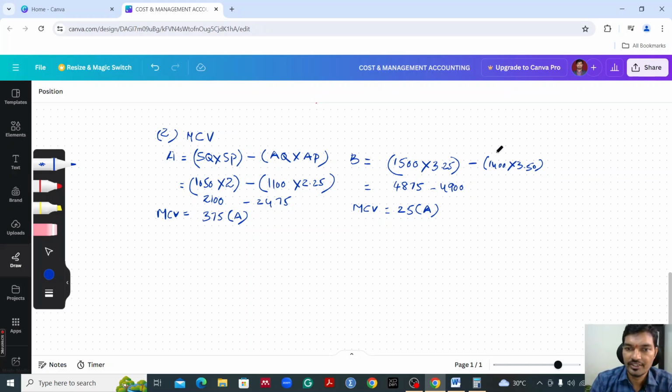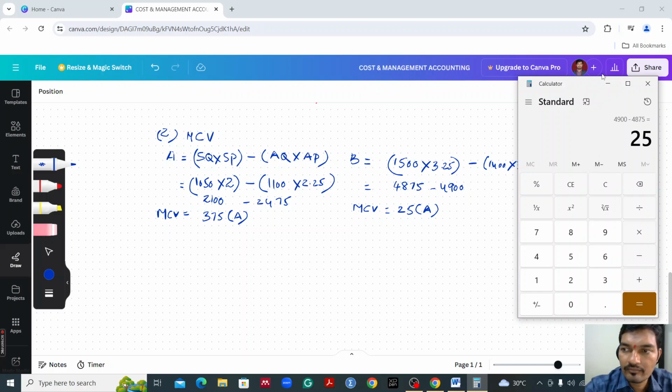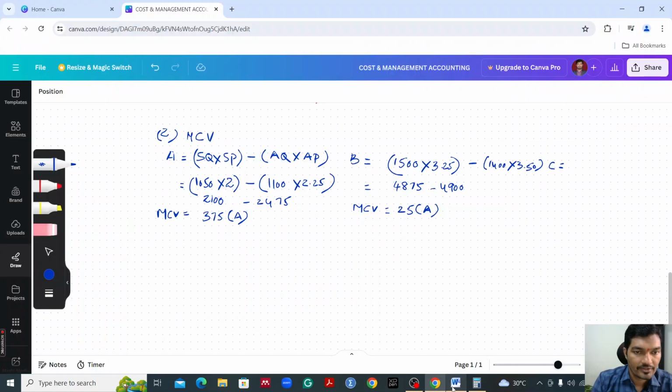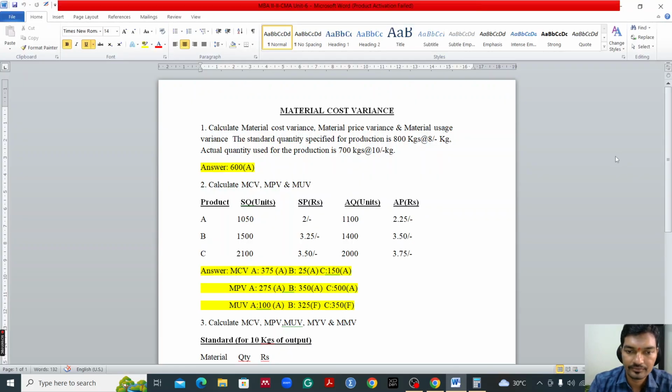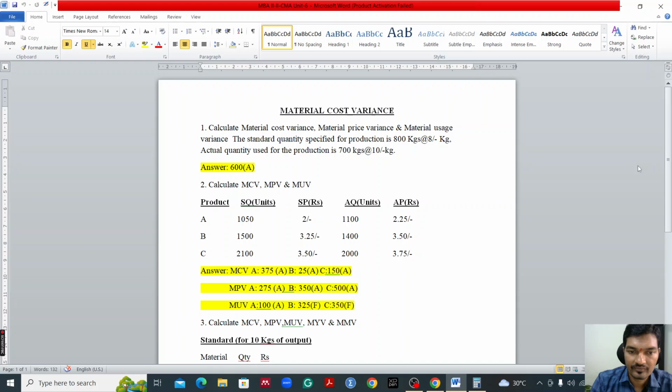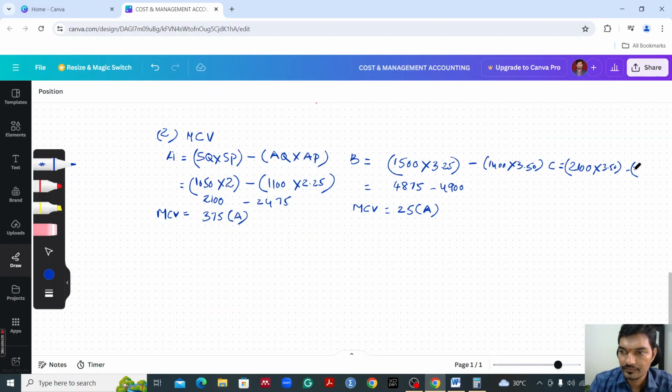So coming to product C, standard quantity 2100, standard price 3.50, minus the actual quantity 2000 is multiplied with 3.75.